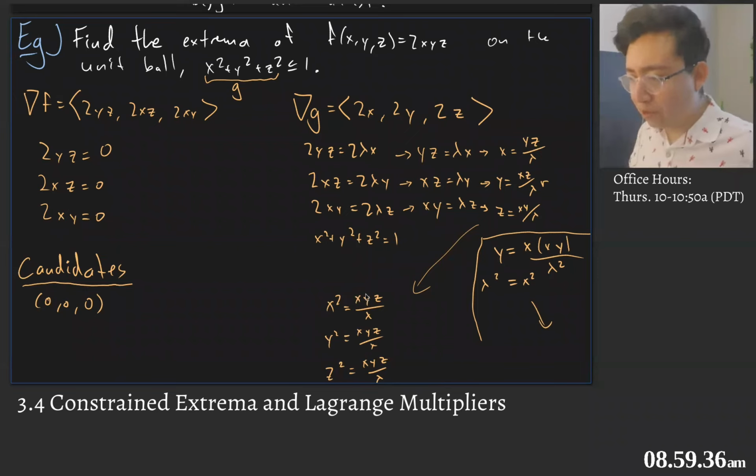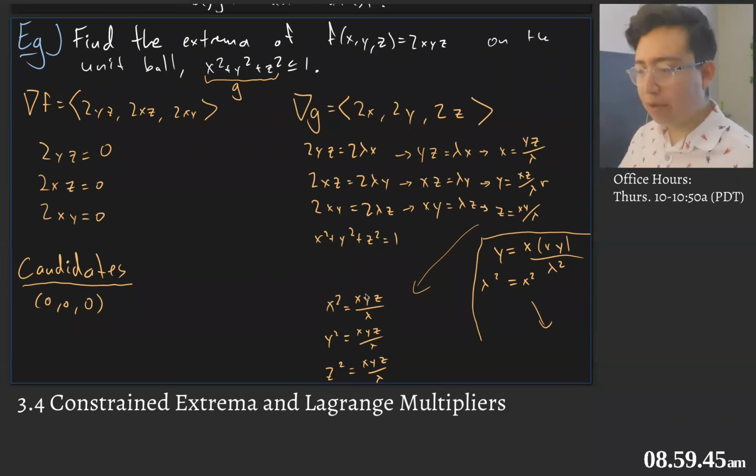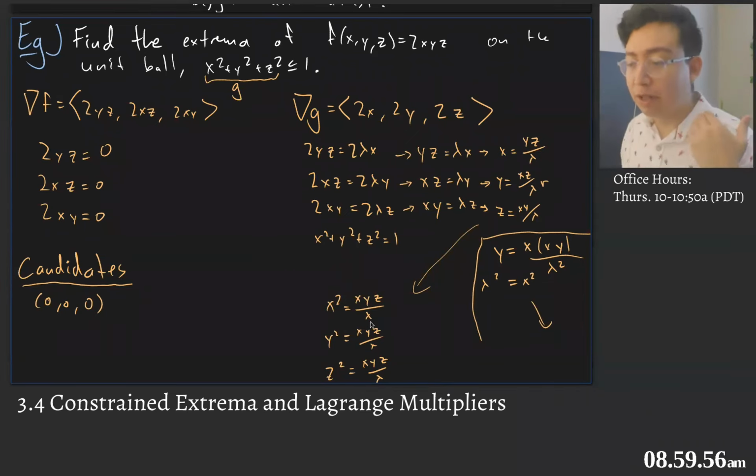I'm glad you brought this up, because this is one of those cases where we're not actually going to have to solve for lambda. What this is telling us is that each of these is equal to this value, and that they're all equal to the same value.